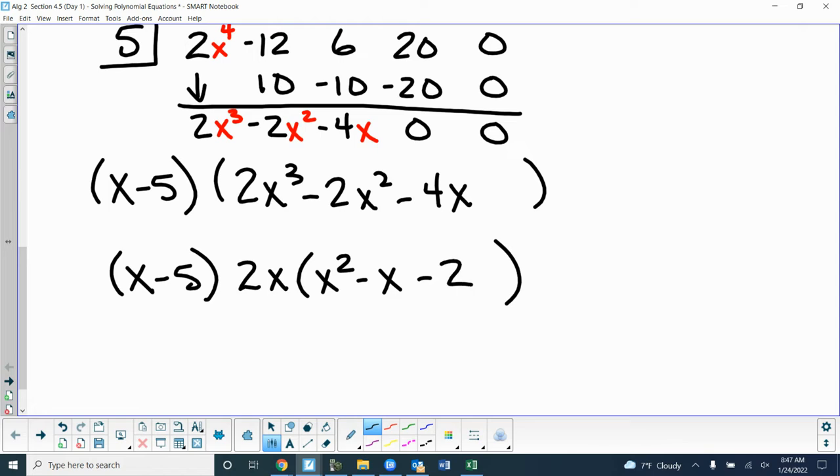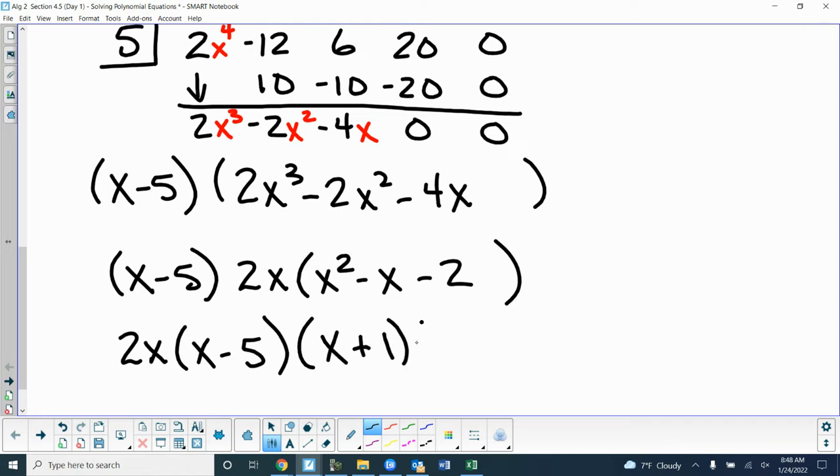Are there factors? That's a regular trinomial, right? It's an easy one because what's my a value for that trinomial? 1, right? So what are the factors of negative 2 that add up to negative 1? Somebody said it. Connors, say that again. 1 and negative 2, right. So x plus 1 and x minus 2.